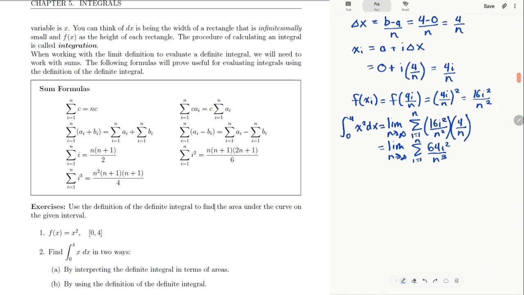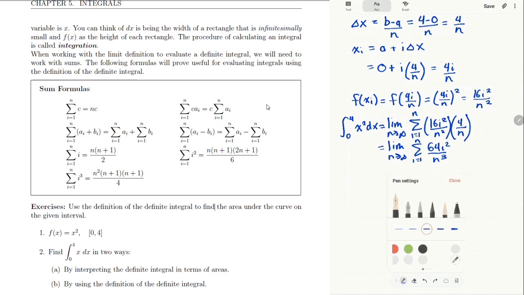So now we can use some of the sum formulas to help us evaluate this limit. So let's have a look at this property here. This tells us that the sum of a constant times a sub i is equal to the constant times the sum of a sub i. So in other words, if there are any constants which do not depend on i, then we can take that outside of the sum.